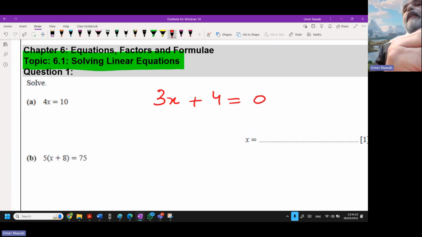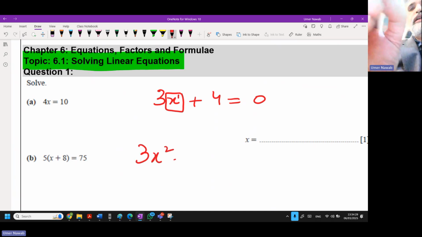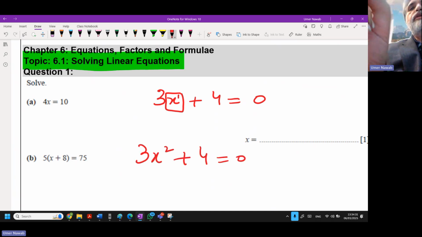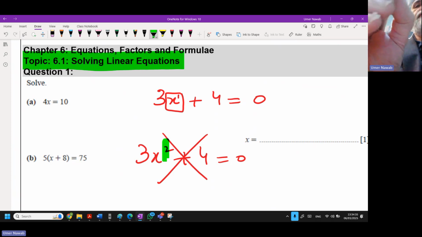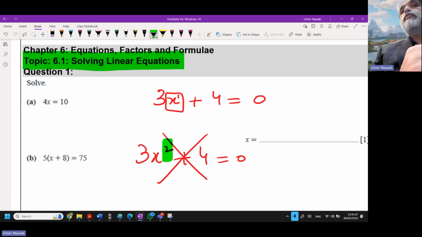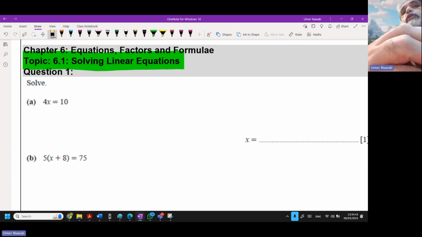Now this is a linear equation because the variable power is 1. But if I say 3x squared plus 4 is equal to 0, now this equation is not linear because the maximum power of the variable has to be 1. So in this concept, I'm going to go through those types of questions which represent linear equations.